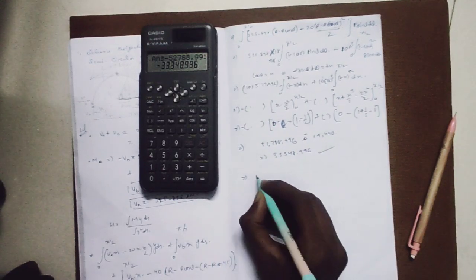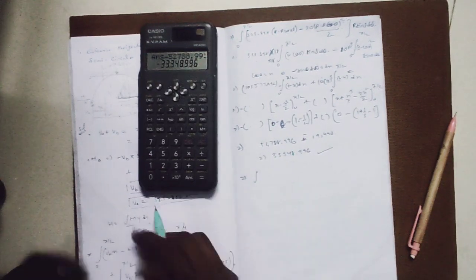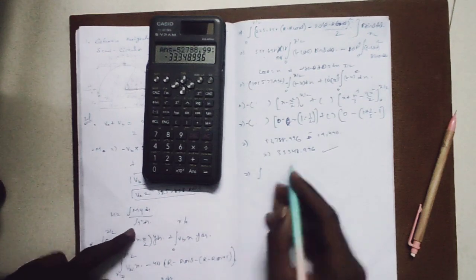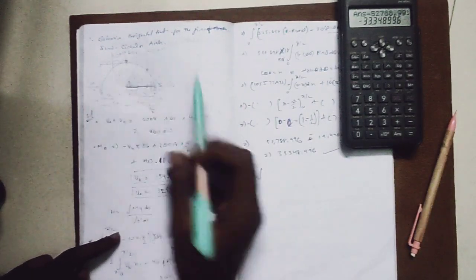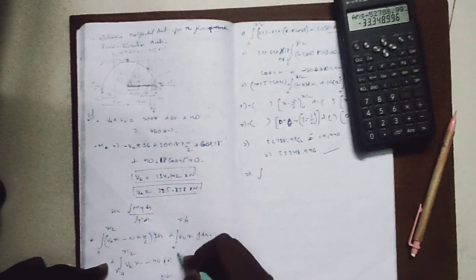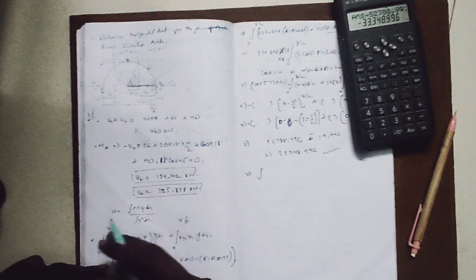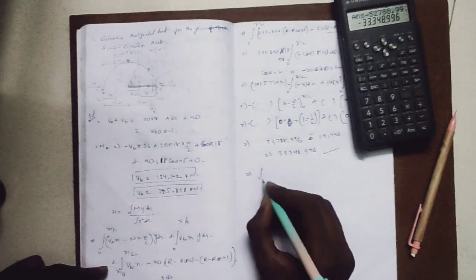Now we have to do the integration for the denominator, y square. So similarly we have to do it for y square also, we have to put these limits.